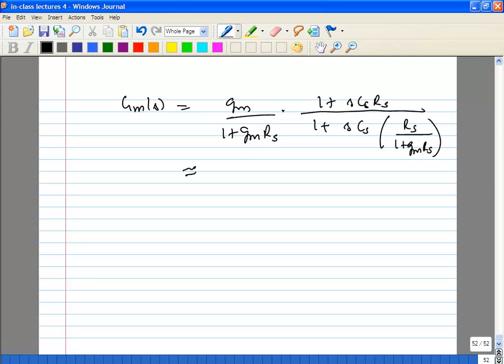So now you're going to make a small approximation. First of all, you're going to approximate that GMRS is much greater than 1. Okay, so in this term it just becomes 1 over GM. What is GM over 1 plus GMRS? It is just your DC transconductance, right? GM of 0 times 1 plus SCS over GM.